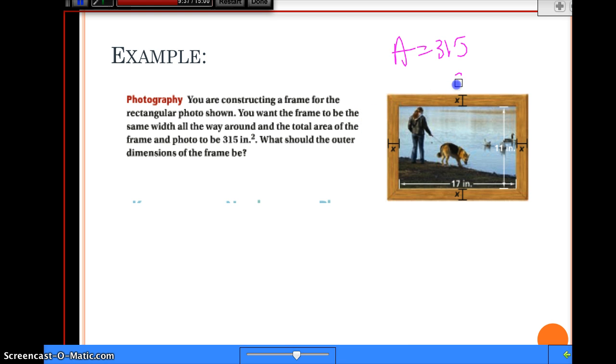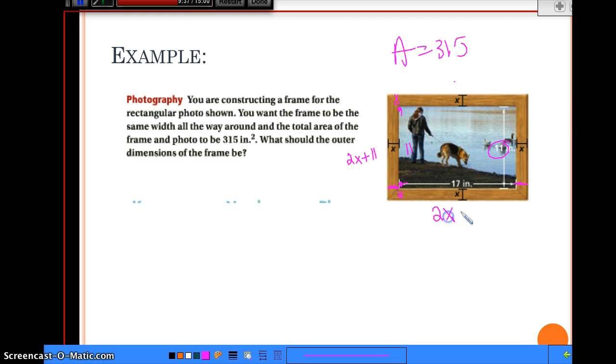Well, let's see. I know that if from here to here is 11, which I can see right here, then this is x and this is x. This would be 2x plus 11. Whereas from the length direction, I know from here to here is 17 plus another x here and another x here.